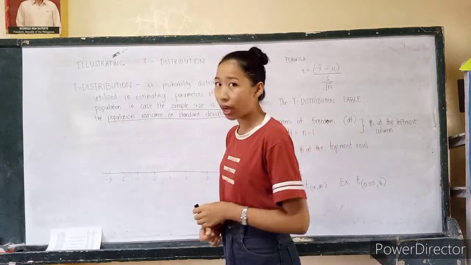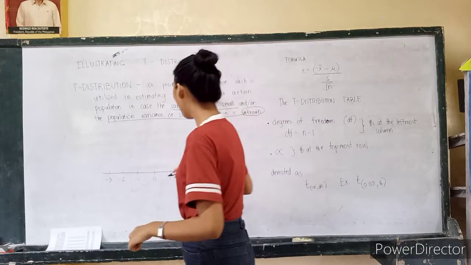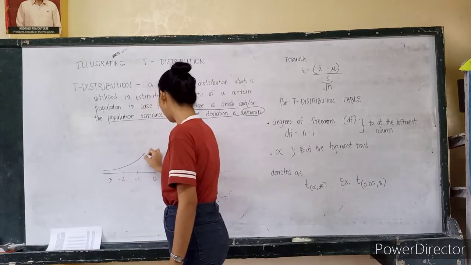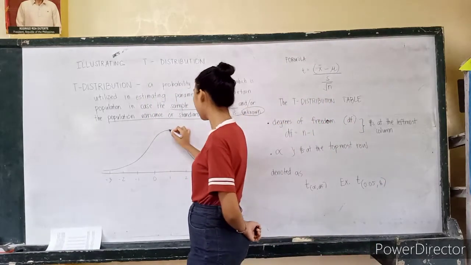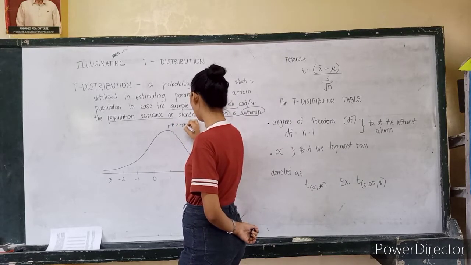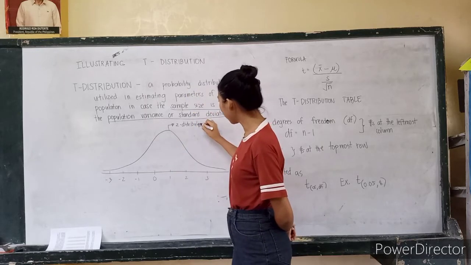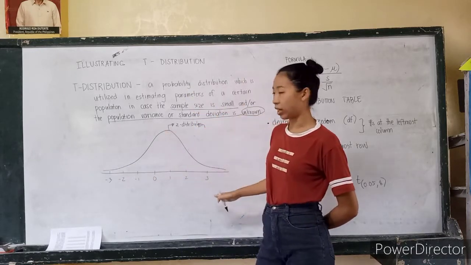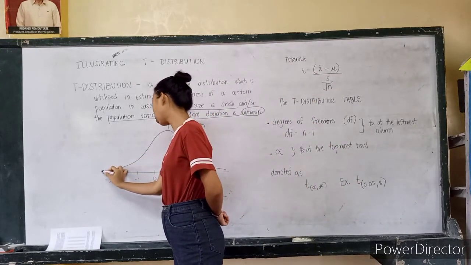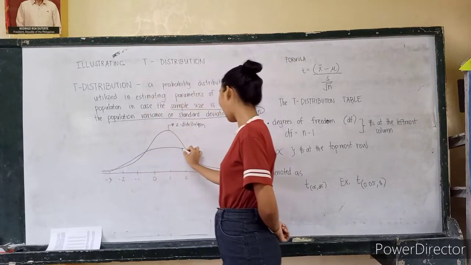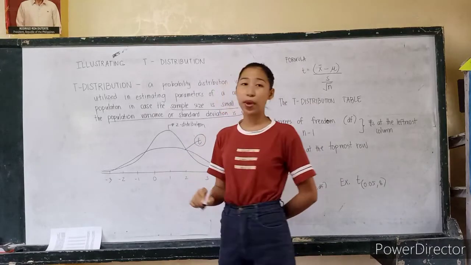Okay, so comparing the curves of our z and t, our z is much steeper. This is the shape of our z distribution curve. Whereas the t distribution is flatter. Although it is still a bell curve, it is flatter compared to your z.